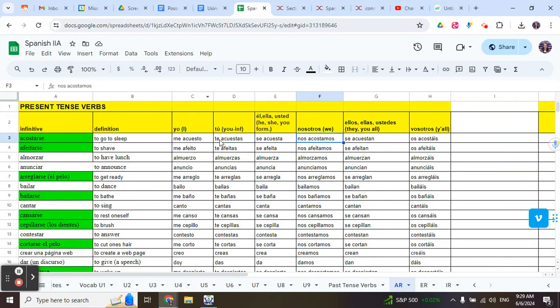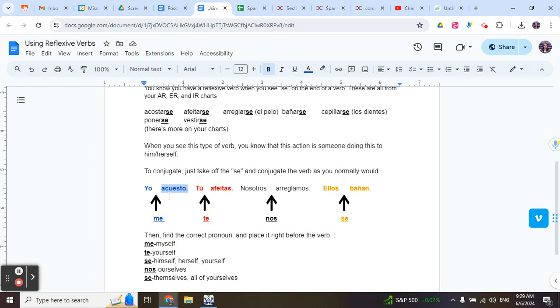I even placed the pronouns there for you, but I really want you to understand how this works so you can do this on your own when you don't have your charts handy. The se that came off the end will change depending on who is the person doing it. If I'm doing something to myself, I'm going to put me. Yo me acuesto.